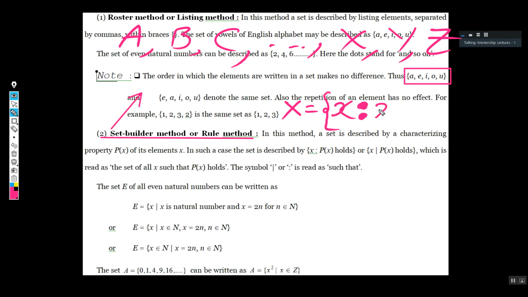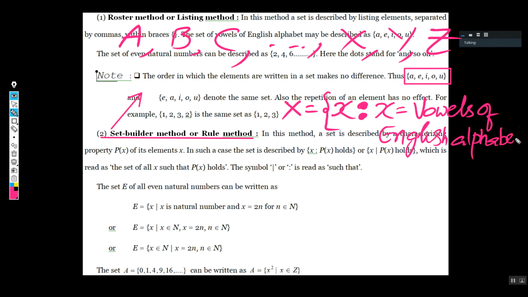X such that X is equal to vowels of English alphabet. We write it like this. This colon can be used, or you can even use the slash.